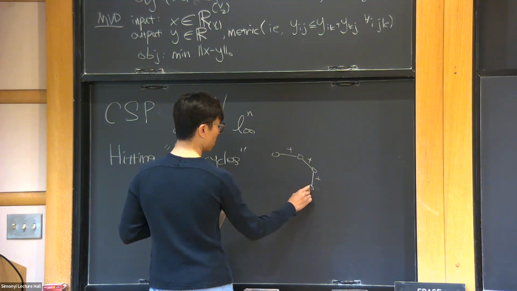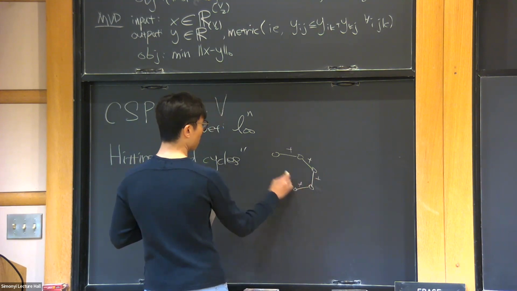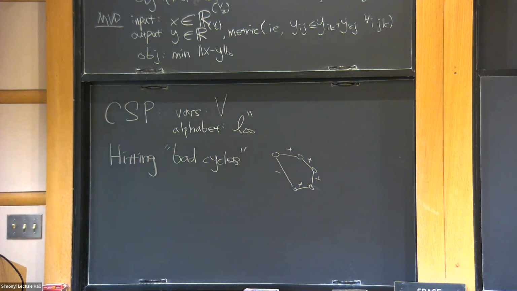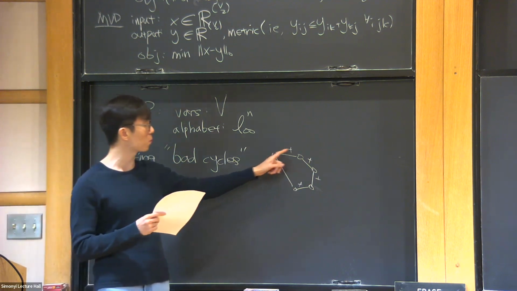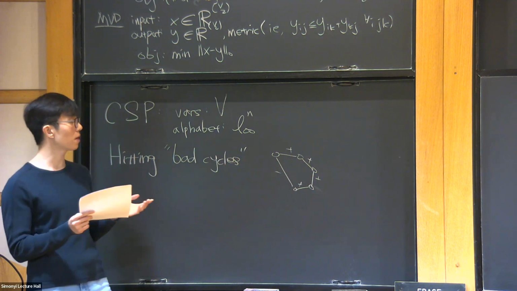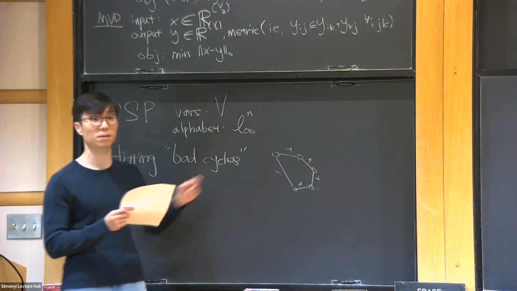There's a cycle with a bunch of plus edges and one minus edge. So the question is, can I keep those labels unchanged? Is there a solution where all these labels are unchanged?